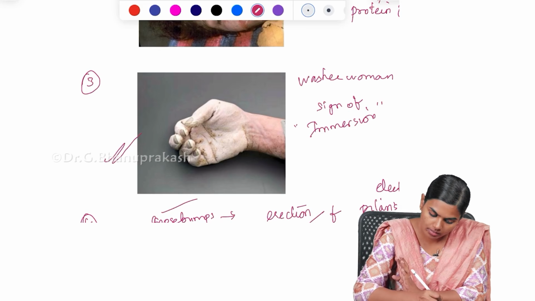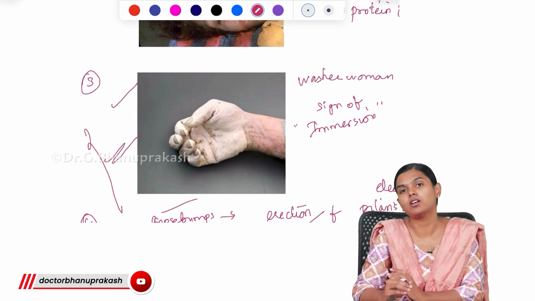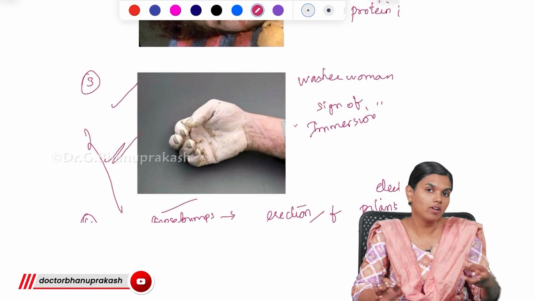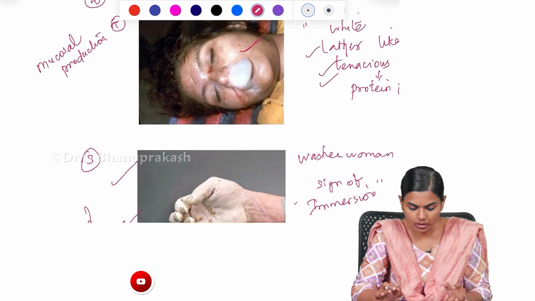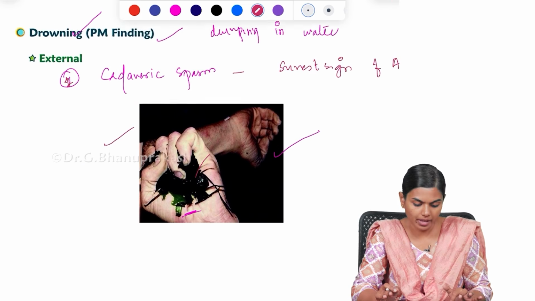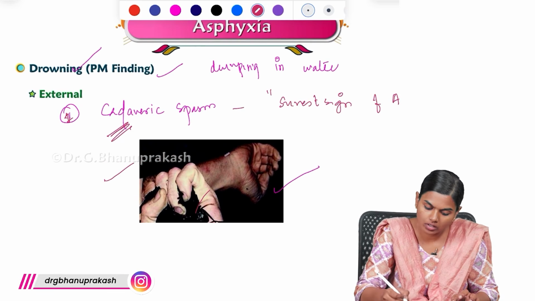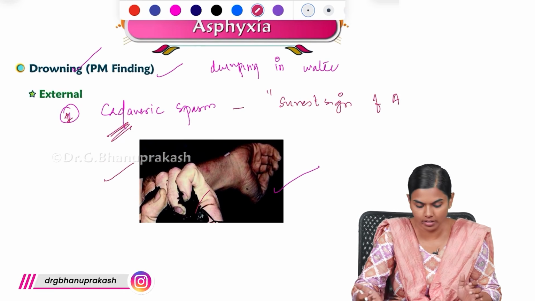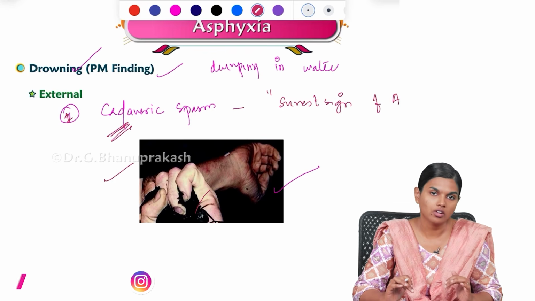Both of these, the washerwoman hand and goosebumps, are signs of immersion, not signs of antemortem or postmortem drowning. So amongst these four things, the main thing that is important is the cadaveric spasm, because this is the only surest external sign of antemortem drowning that you can find. So this is the external finding that you usually see in case of drowning.